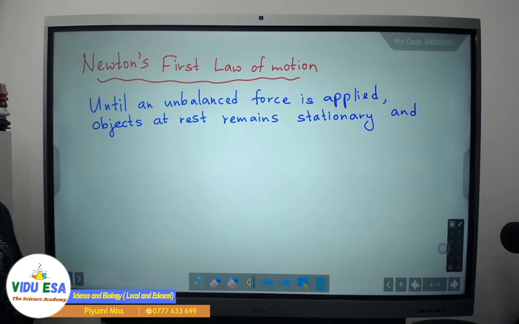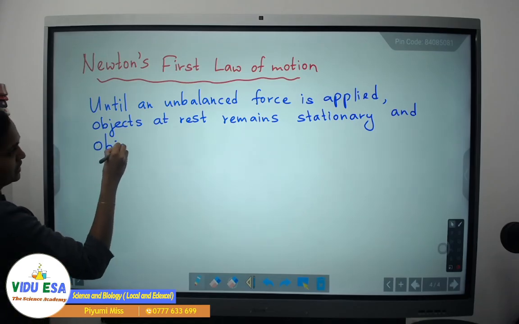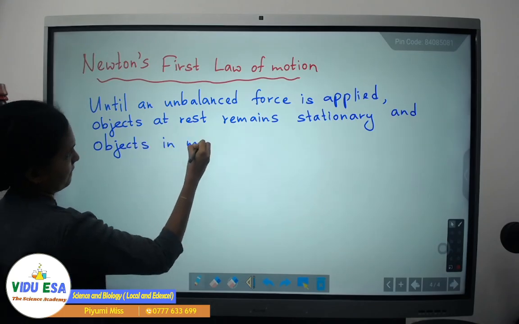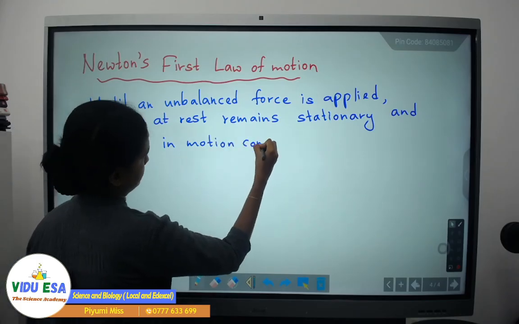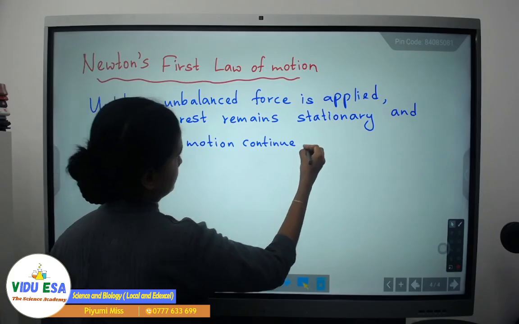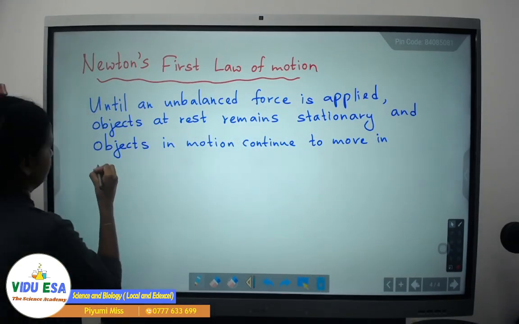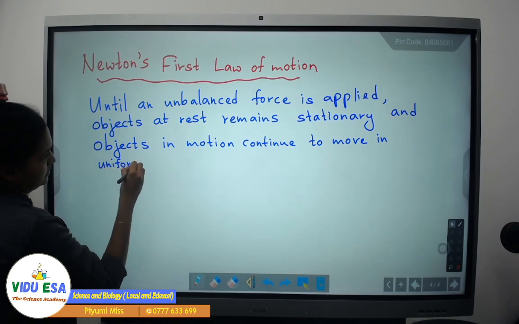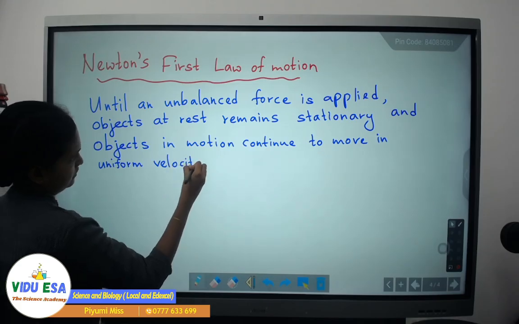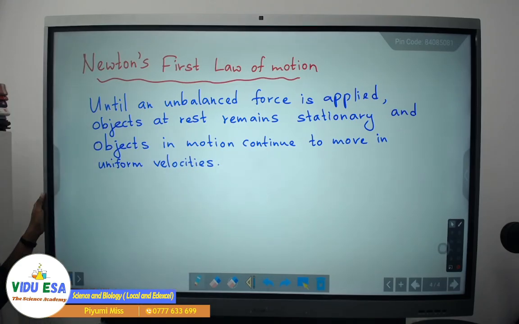Objects in motion continue to move in uniform velocities. That is Newton's first law of motion.